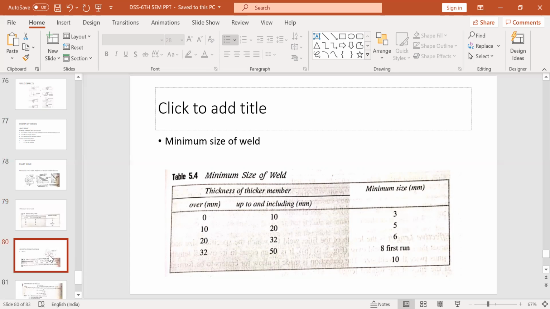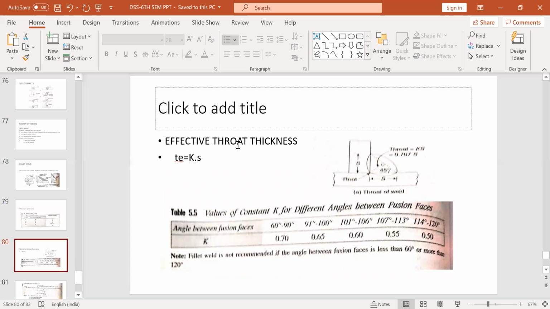Now, as I told you, in this figure, this is S, this is S, so this is 90 degrees. The length perpendicular to the hypotenuse is nothing but the throat. And the throat thickness is given by K into S, where K is a constant. The value of K will depend on the angle of fusion. Here it is 90 degrees.